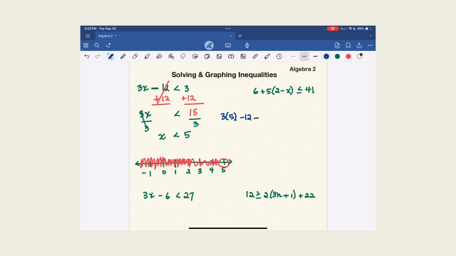We're going to use an equal sign because we're testing the boundary. We're going to change the less than sign to an equal sign. And 15 minus 12 equals 3. 15 minus 12 is 3, equals 3. This is correct.